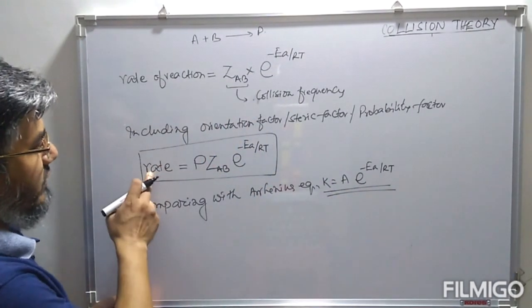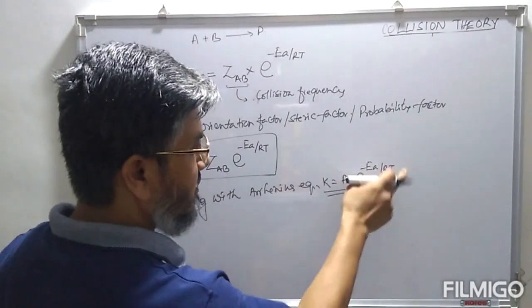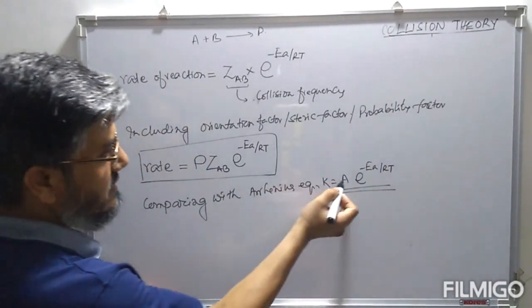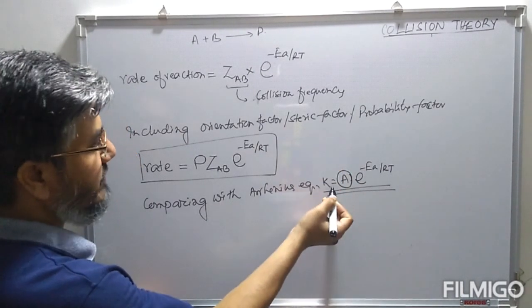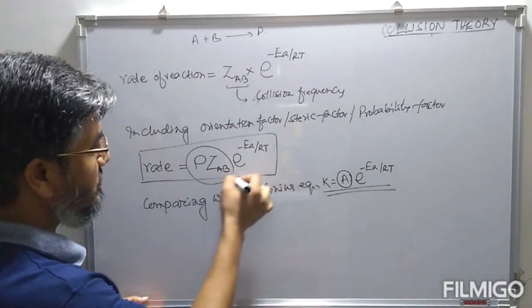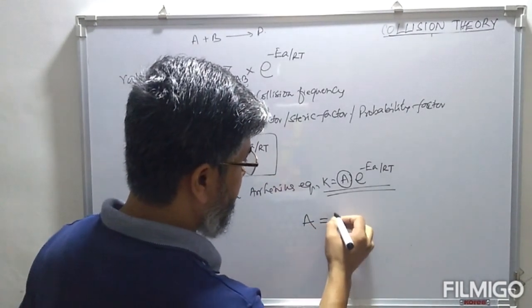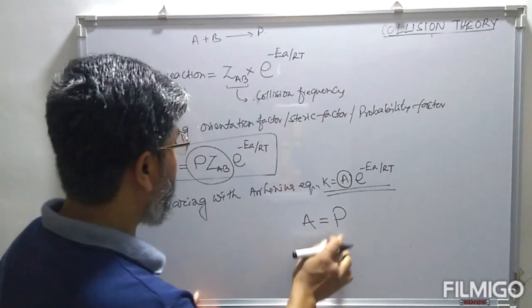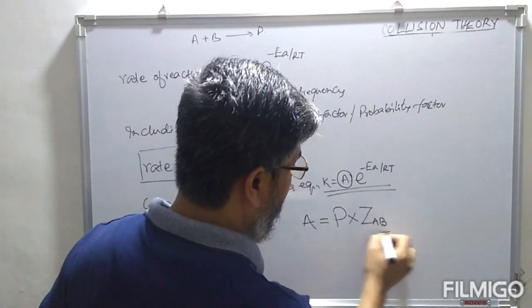So rate is directly proportional to rate constant K. So we have rate constant K into A into this value. So this pre-exponential factor or the frequency factor A is equals to P into Z. So therefore A is equals to orientation factor, probability factor into effective number of collisions.